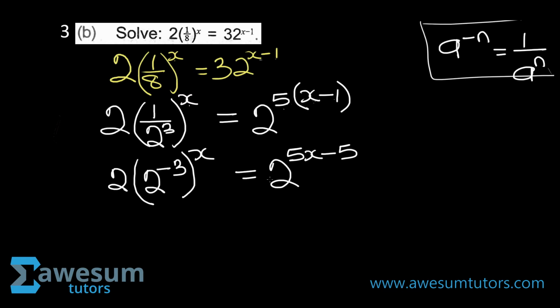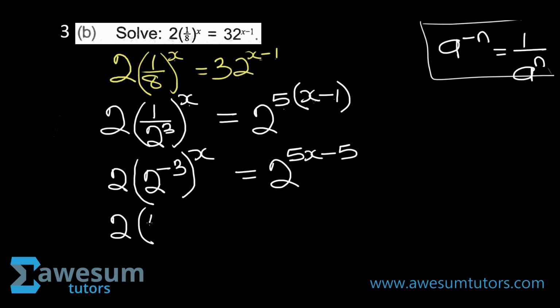Okay, now let's proceed. This is 2 times a bracket. If you also remember the power law in laws of indices, this is the reason why you need to go and review the laws of indices if you cannot remember. Now, applying the law of indices, you are going to multiply these powers out, because 2 is raised to the power of negative 3, which is also raised to the power of x.